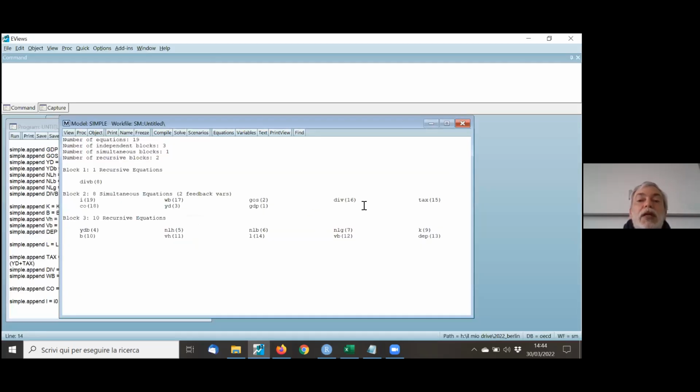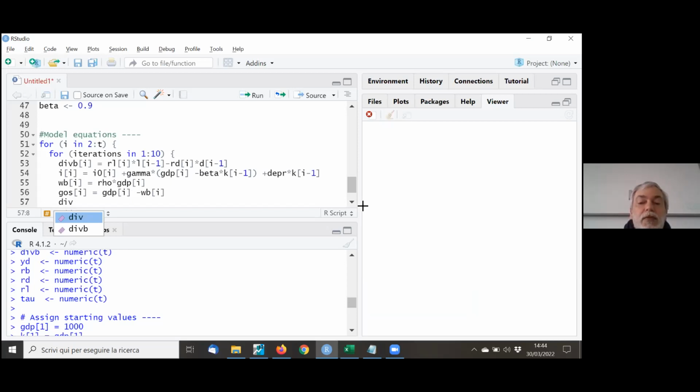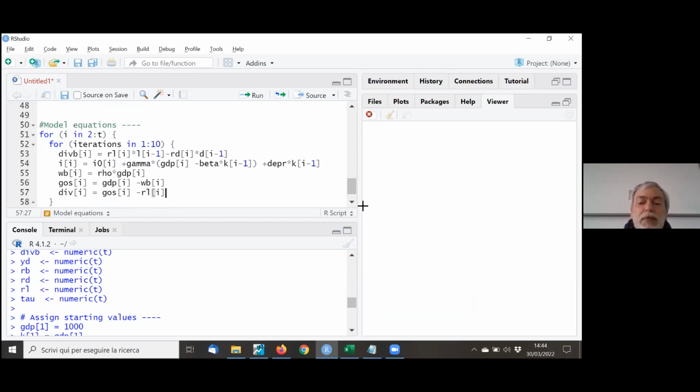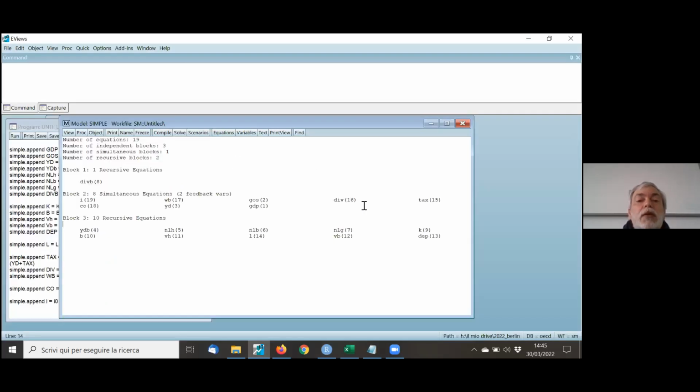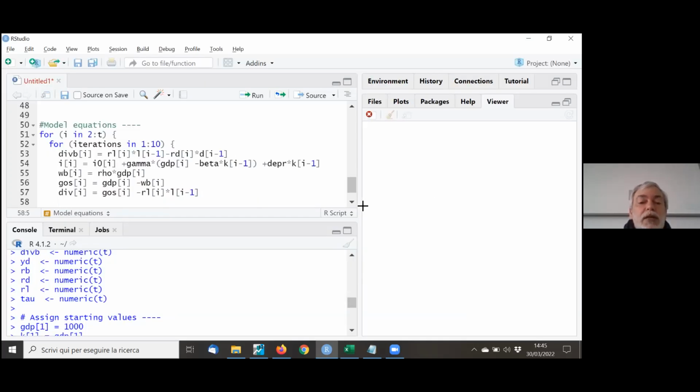Then the dividends here were GOS_i less RL_i times L_i minus 1. Then taxes.